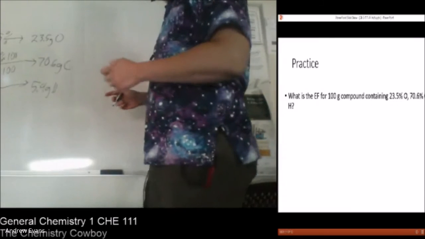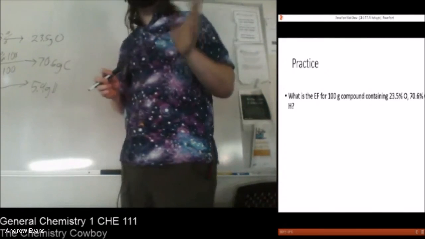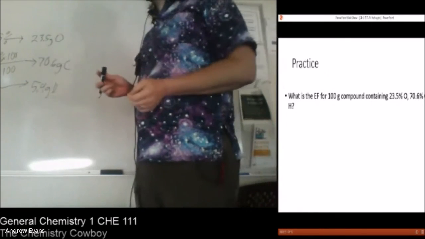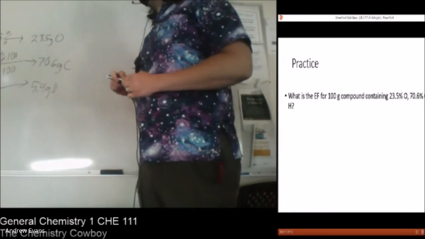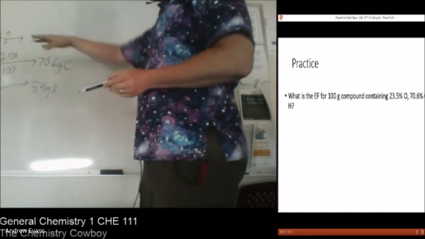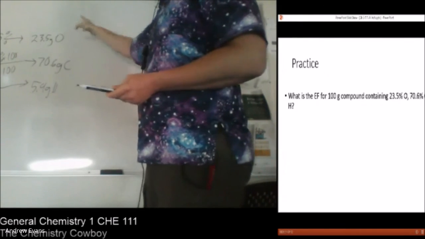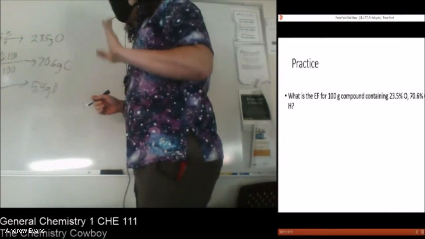So percentages don't really add an extra difficulty. As long as you remember you can turn percentages into grams by multiplying by 100, it just keeps the same ratio. You don't have to worry about percentages at all. And now we're at the exact same point.